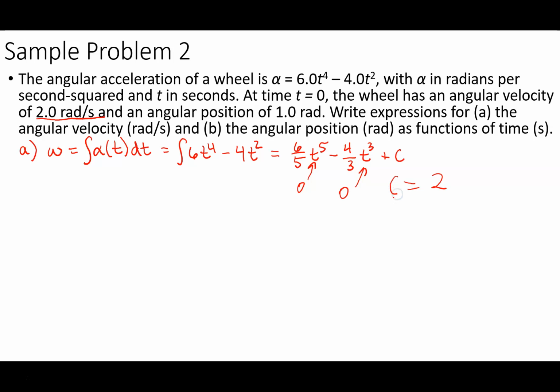So we know that c is equal to 2. So our full expression for angular velocity is omega equals 6/5 t to the fifth minus 4/3 t to the third plus 2. And that is our expression for angular velocity.